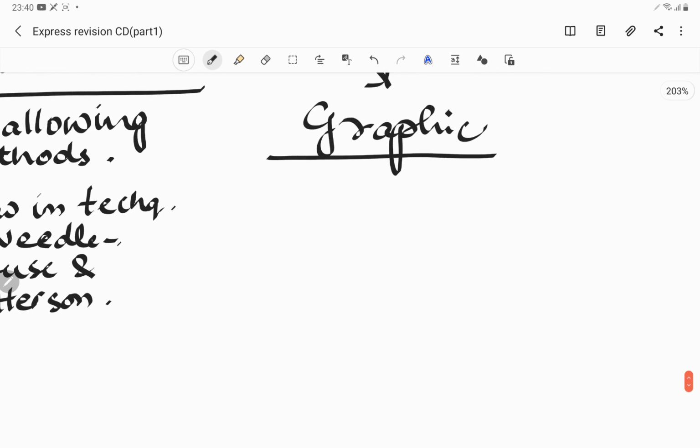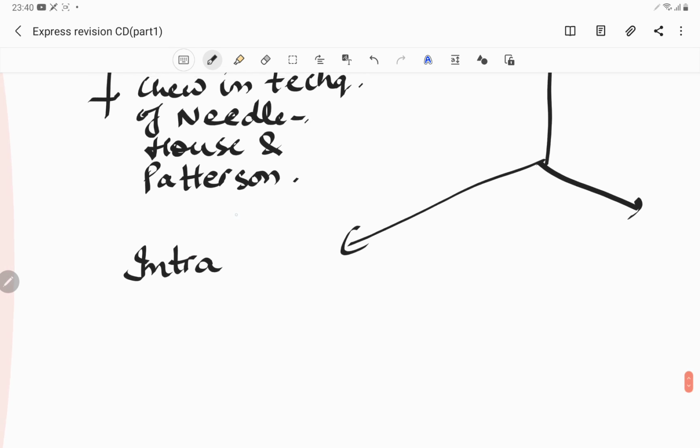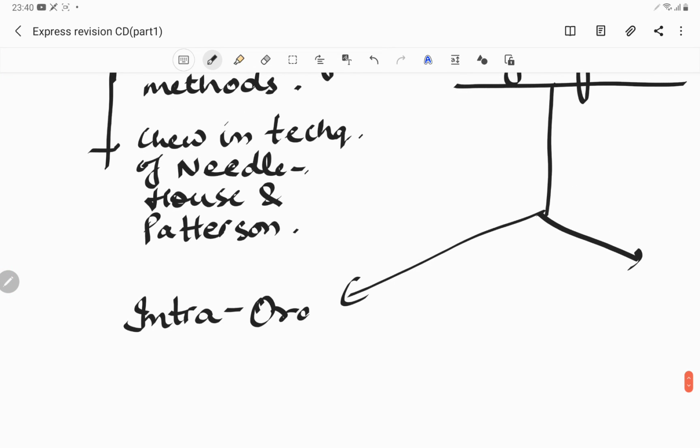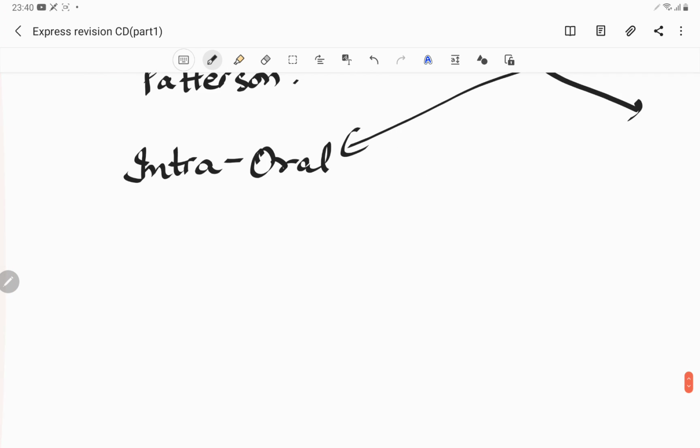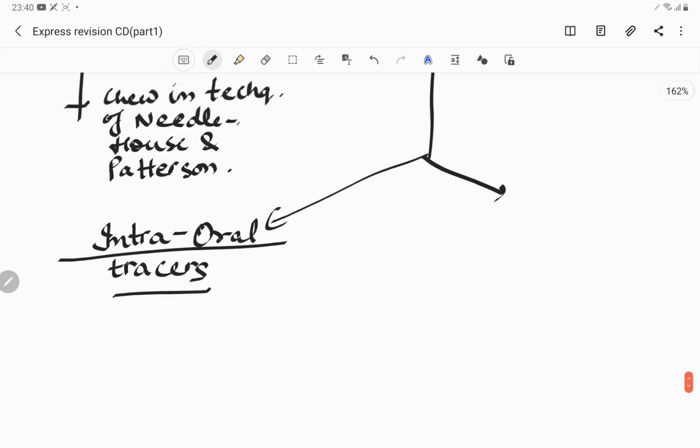So for the graphic method, there are again two methods. One is the intraoral tracers, and another one is the extraoral tracers. So in graphic, we are recording with the help of tracing.